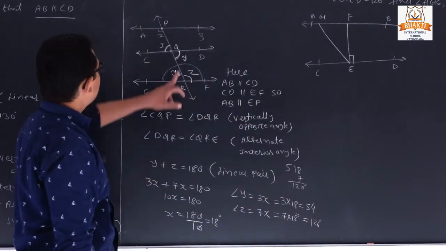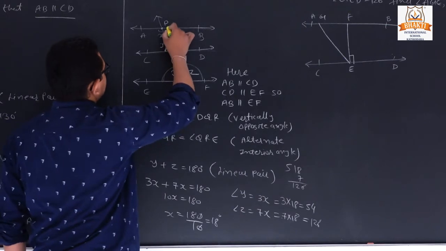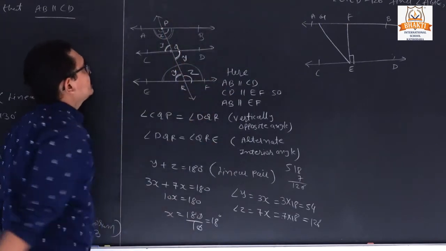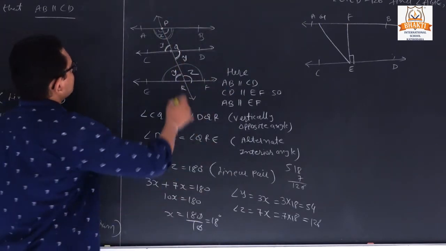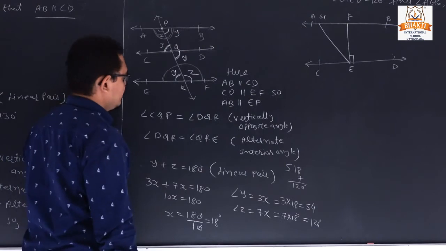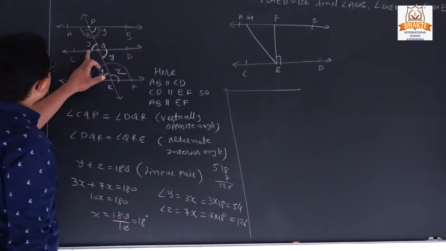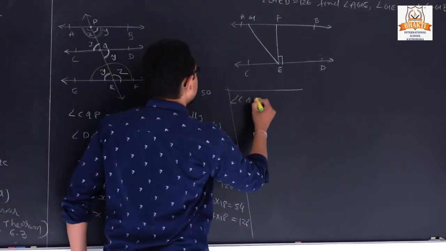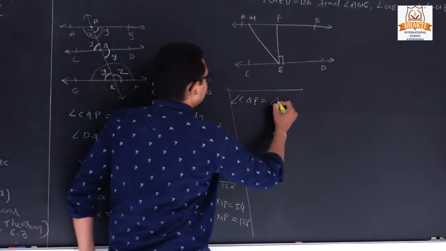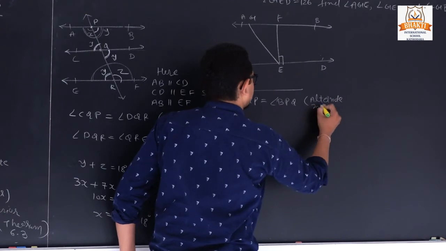And now if you want to find out the angle x, clear? So here you can see that angle x, once again we have a linear pair here. Clear? Once again we have a linear pair, and this is y, so it is also y because of alternate interior. These both angles are the same. So once again we can write angle CQP is equal to angle BPQ, and here we can write alternate interior.